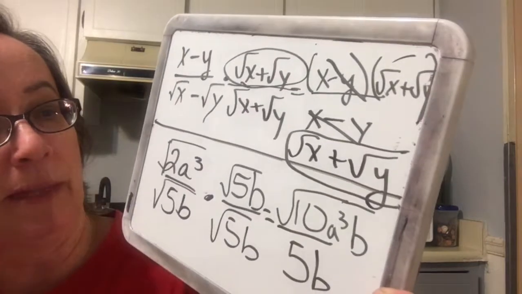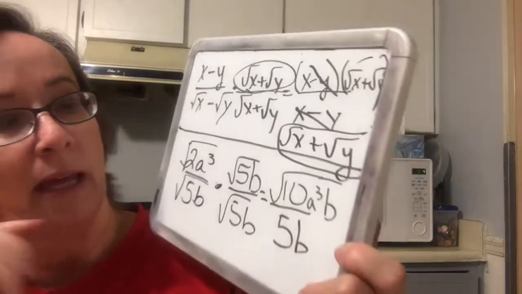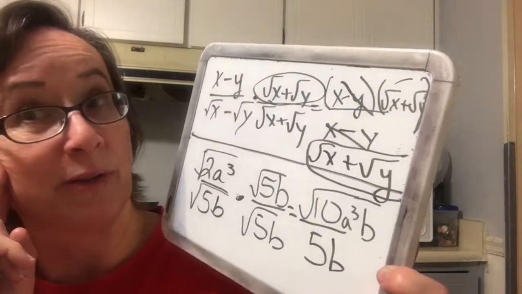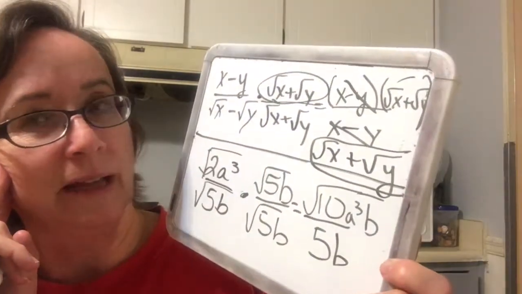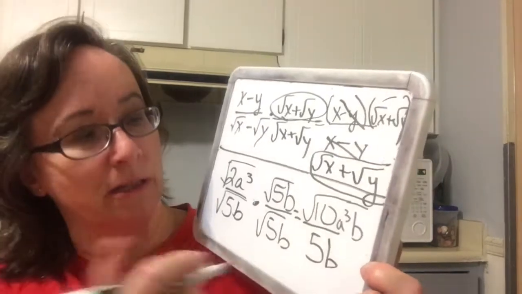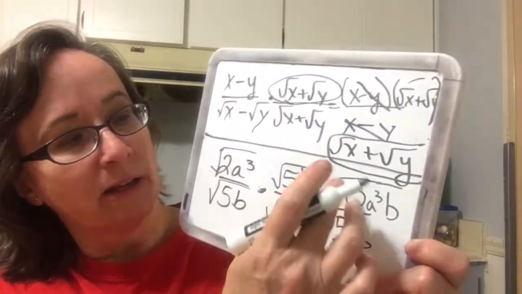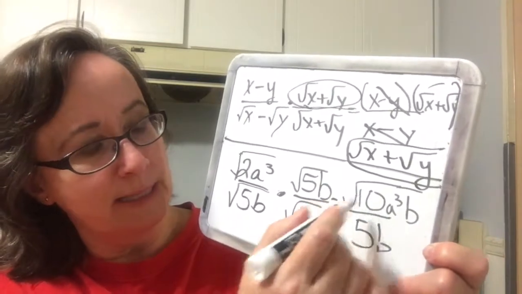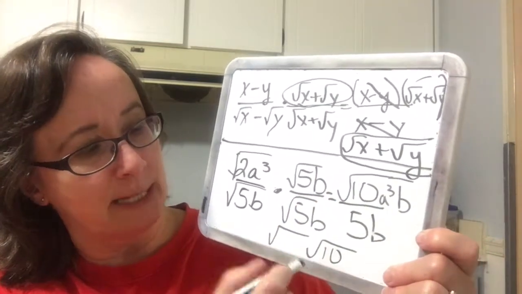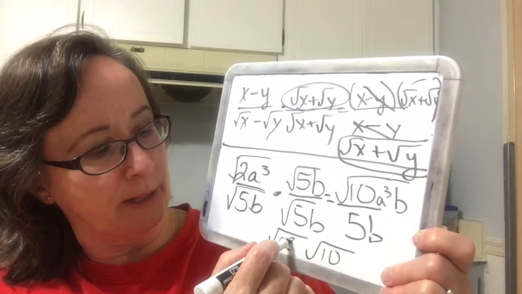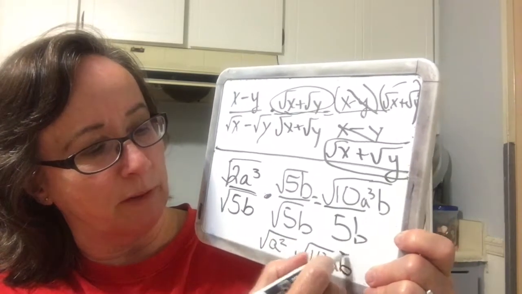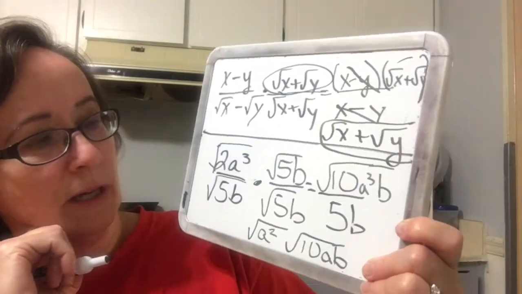But I do see something I can simplify. I have this a cubed, so I have a perfect square underneath, so I'm going to have to pull that out. Okay, so this top one is going to simplify into 10. There's nothing perfect in 10. A squared will go here. A will go over here in the leftovers, and B will go over there in the leftovers.